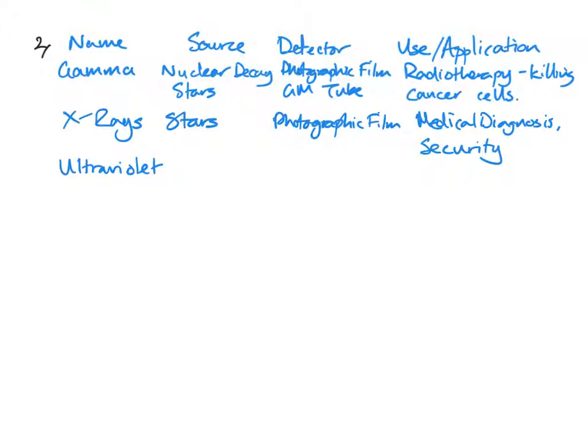For ultraviolet, we've got stars as the main source that you came up with. And our detector, once again, photographic film. And the uses that you came up with was sterilizing.